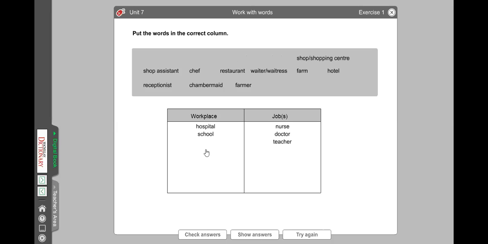Then we have a shopping center or shop center. Okay, that's where we're gonna find shop assistants. Okay, and also there are some restaurants in the shopping centers, but there's still the places. Okay, well, we got this backwards. The shop center is a place, the shop assistant is the person.